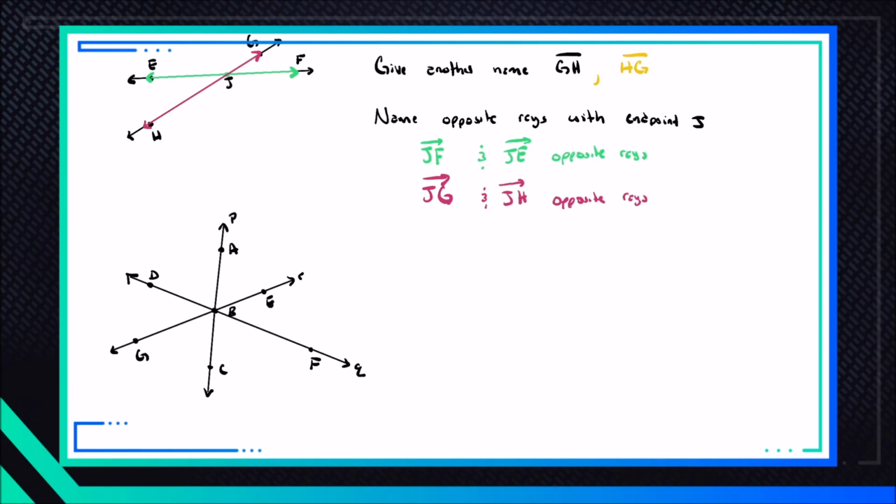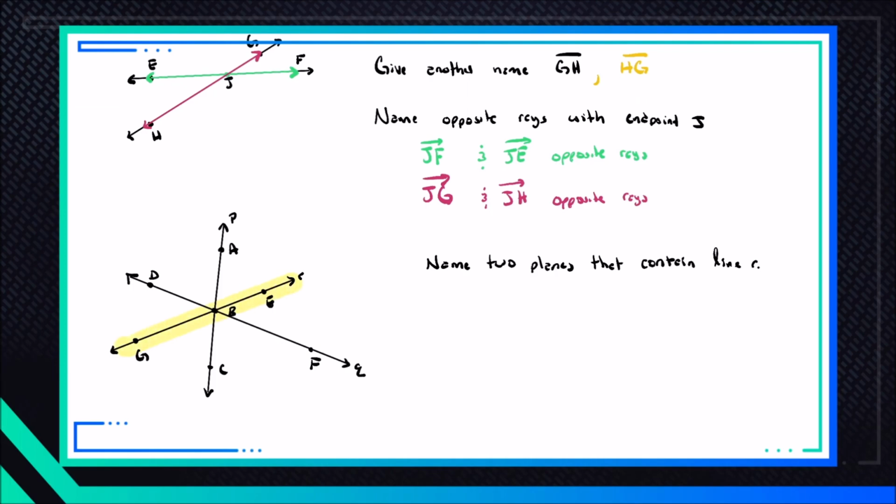And our goal is to name two planes that contain line R. So I'm going to grab my highlighter here, and we're going to identify line R, and we want to form a plane.